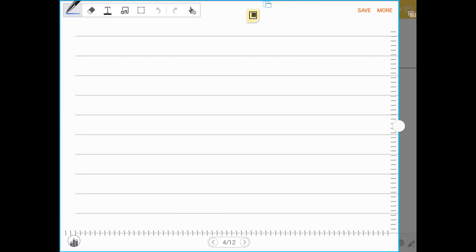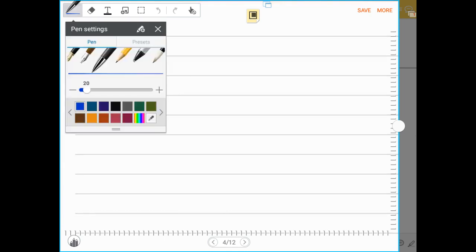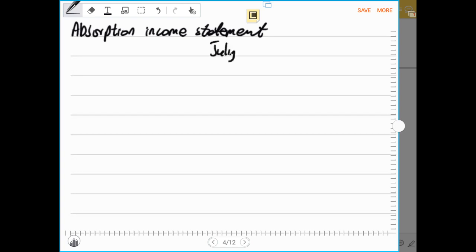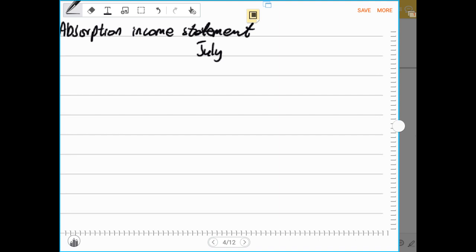So now let us continue with the second income statement, which is the absorption income statement. The absorption income statement is for the 2 months, which is July and also the month of August.